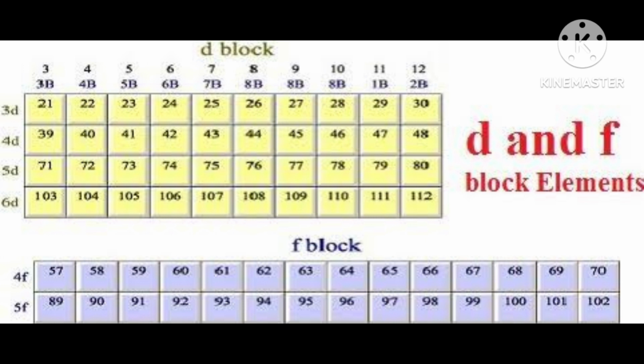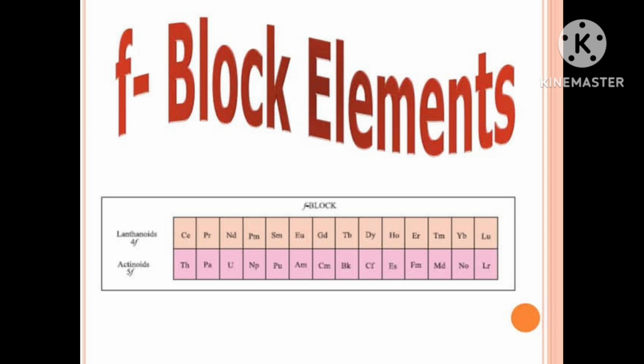That means in d orbitals, or energy levels, shielding is more, but in 4f, shielding is not proper. Many electrons are there in 4f, but they are not shielding properly.